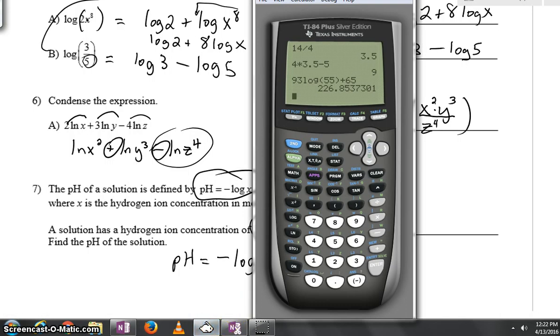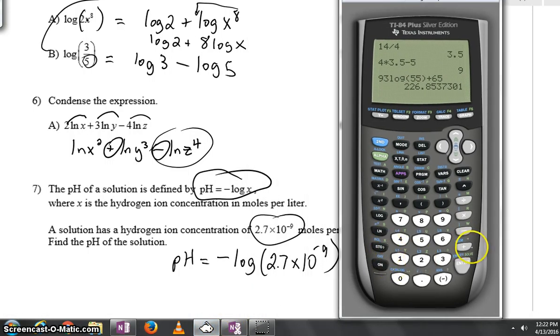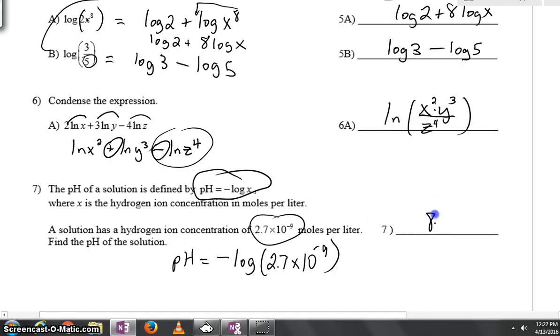Without too much work here, we just type in negative, then a log, type in 2.7 times 10, hit the arrow to go up to negative 9, and then very quickly we just hit enter. You can see rounding to one decimal we get 8.6, and that's going to be your pH.